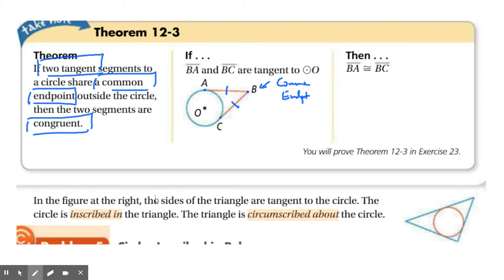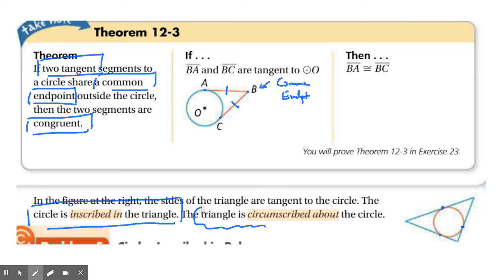Now down here, a couple other ideas. In this picture, you have a circle that is tangent to all three sides of this triangle. We say that the circle is inscribed in the triangle. To have a circle inscribed in you, that means that the circle is tangent to each of your sides.